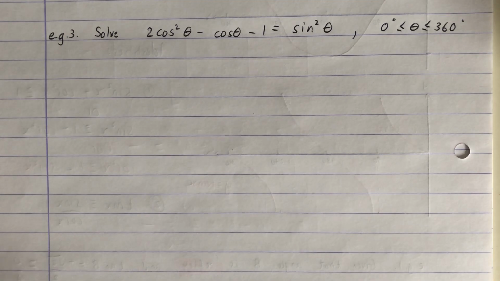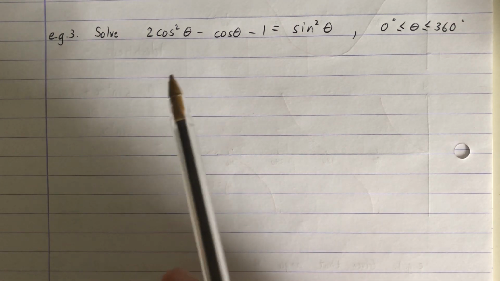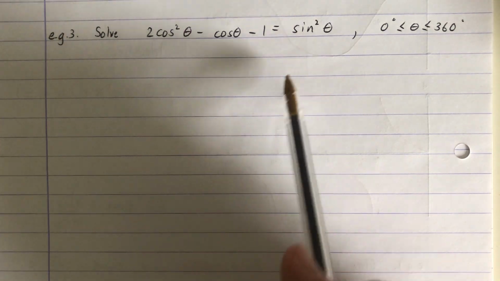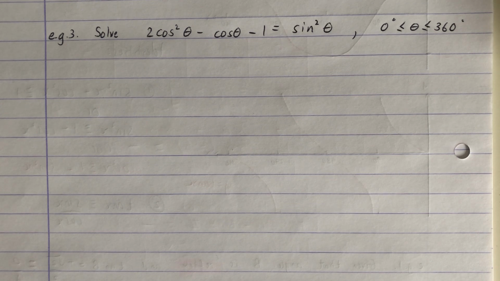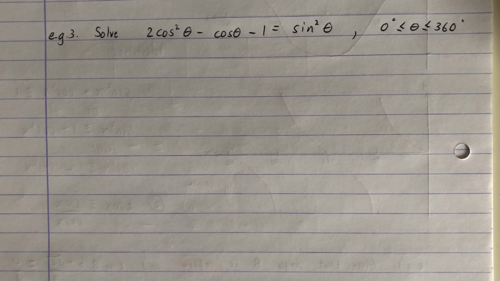Right, there's one other style of question you need to be able to do of this type. And again, we have an equation with cos squared thetas, cos thetas, and sine squared thetas. And the first thing you've got to do is end up with an equation with one trig ratio only. Got squareds, so you can potentially use that Pythagorean identity, sine squared theta plus cos squared theta is identical to 1.